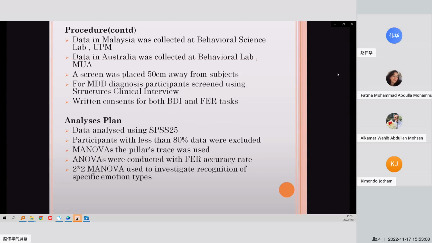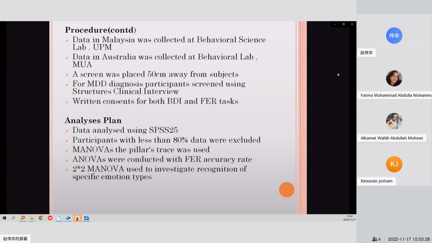Multivariate analysis of variance, also called MANOVA, with Pillai's trace was used. ANOVAs were conducted with FER accuracy rate. A 2 by 2 MANOVA was used to investigate the recognition of specific emotion types.